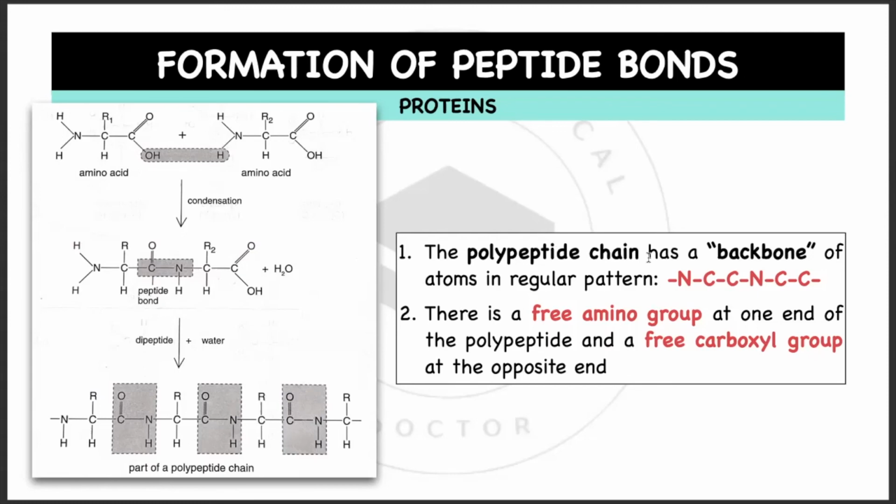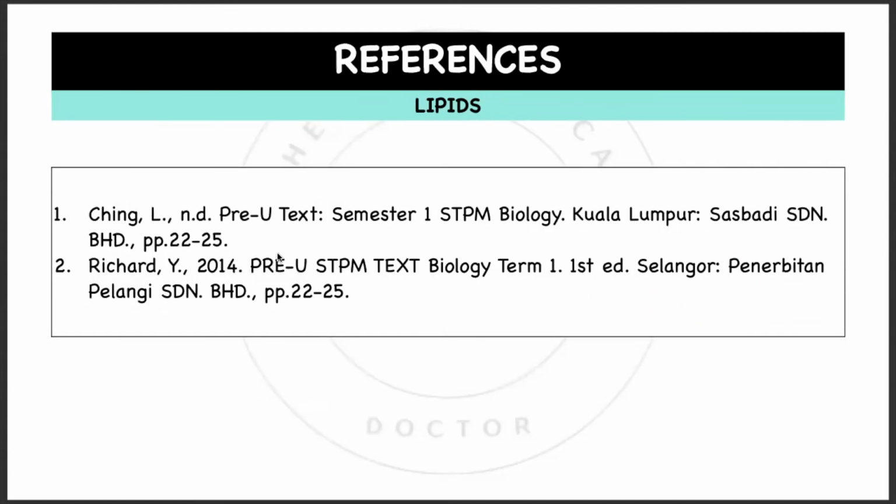So the polypeptide chain has a backbone of atoms in regular pattern, and it becomes like this, CC and CC. You can try and practice and draw, and it will actually become like this. So after that, obviously, when you add it like this it will become the side, or maybe this will be the other end. You'll notice that there is a free amino group at one end, and there is also a free carboxyl group at the opposite end.